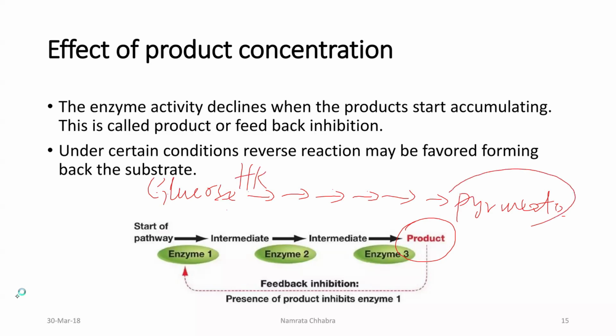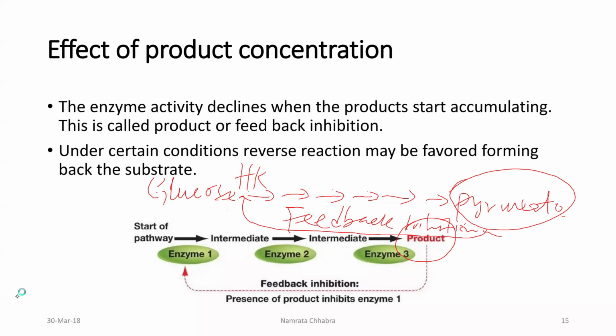So if the pyruvate, which is the end product of glycolysis, accumulates or is produced in high amount, this product will go back and inhibit the first enzyme of this pathway, that is the first enzyme of glycolysis. So this type of inhibition is called feedback inhibition. When the enzyme of a particular pathway is inhibited by the final product of that pathway, the process is called feedback inhibition.